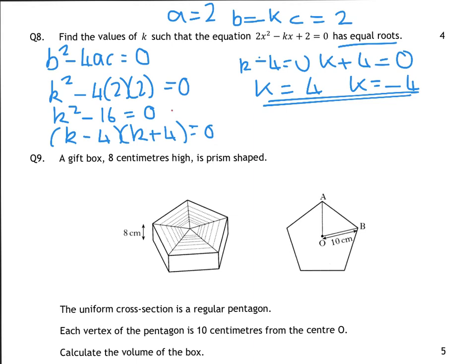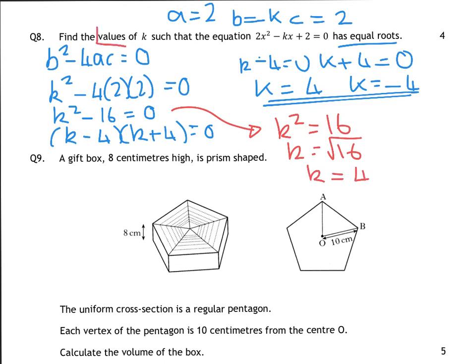Alternatively, if I go back to this line here, some people might take the 16 over and then say, right, k is the square root of 16, and then you might just say the k is 4. If you go back to the question, it says values. That means plural. So completing the square brought me out the 2 answers, plus and minus 4.